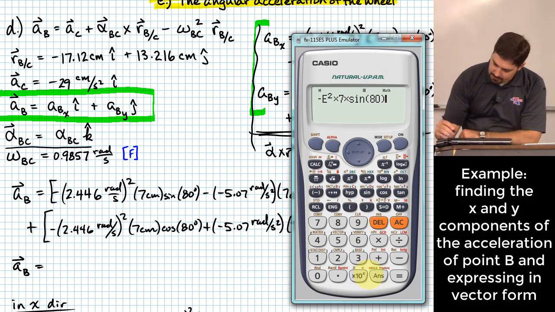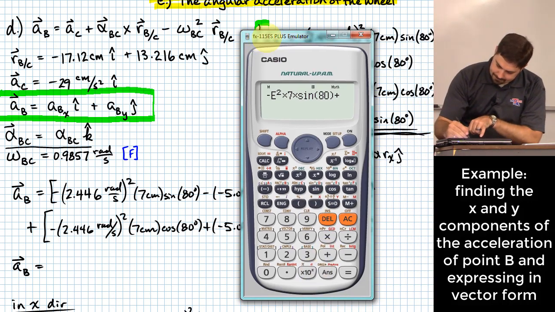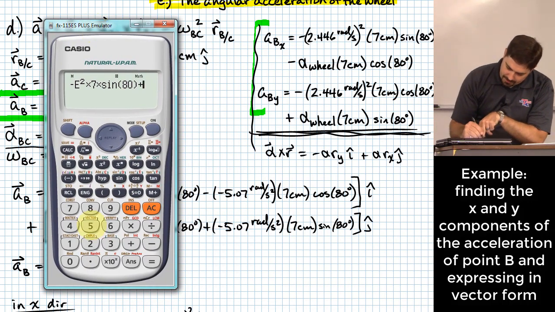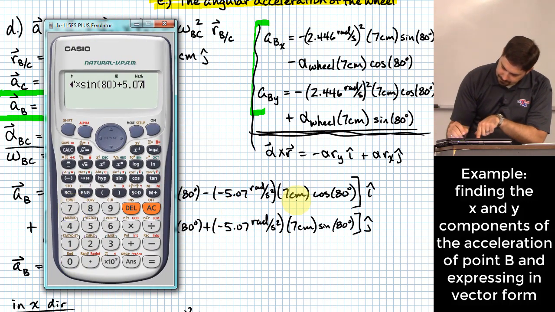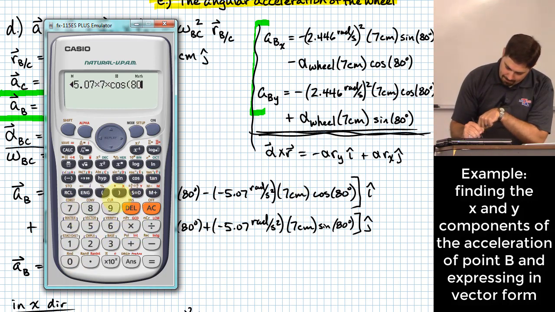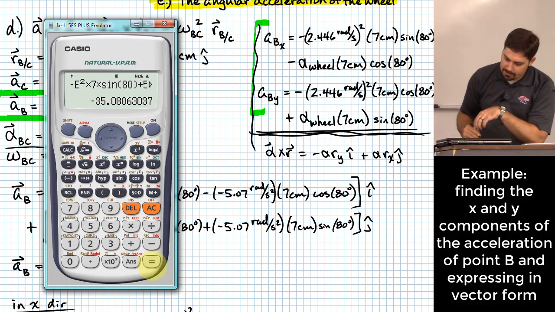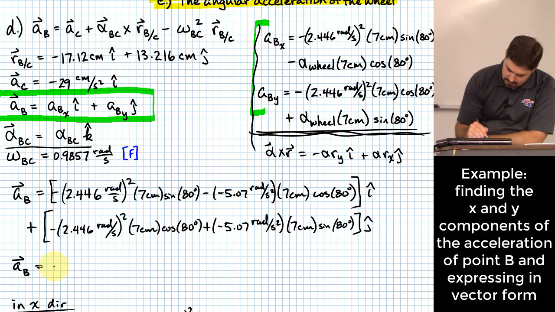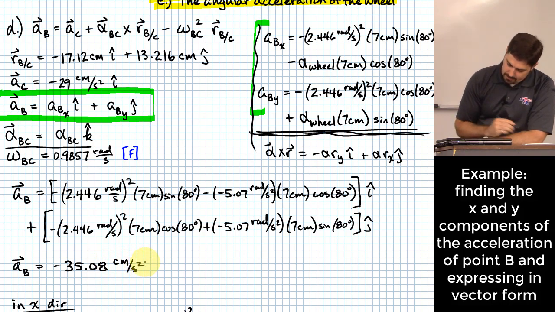Minus a minus, so I'll use a plus 5.07 times 7 times the cosine of 80, which gives me negative 35.08. Okay, this is going to be in centimeters per second squared, and that's my I component.